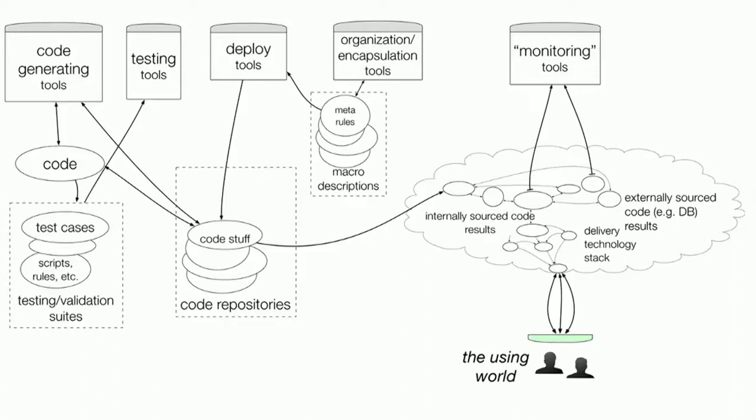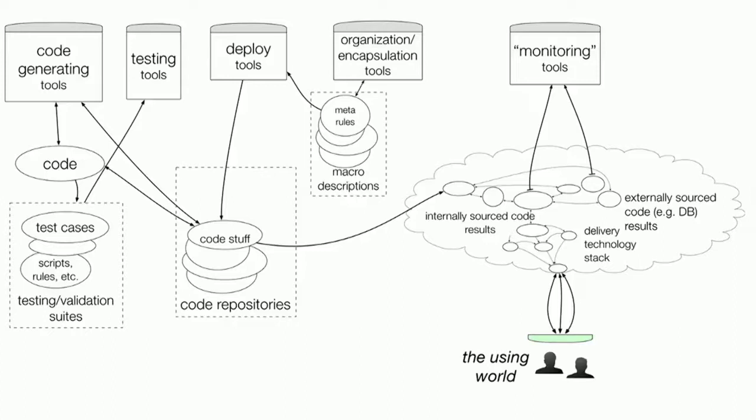We have testing tools, monitoring tools, deployment tools, all wired up. You could say that this is the system, because many of us spend our time focused on the things around the little bubble rather than inside it.